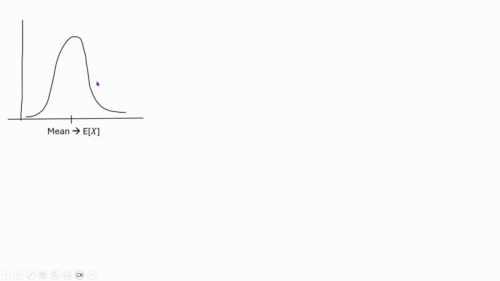So first of all, let's discuss some properties of the probability distribution functions. For example, this is somewhat a normal distribution. And you can see that the mean here is somewhere around here, and it can be expressed by expectation of x. X is a random variable of this distribution.